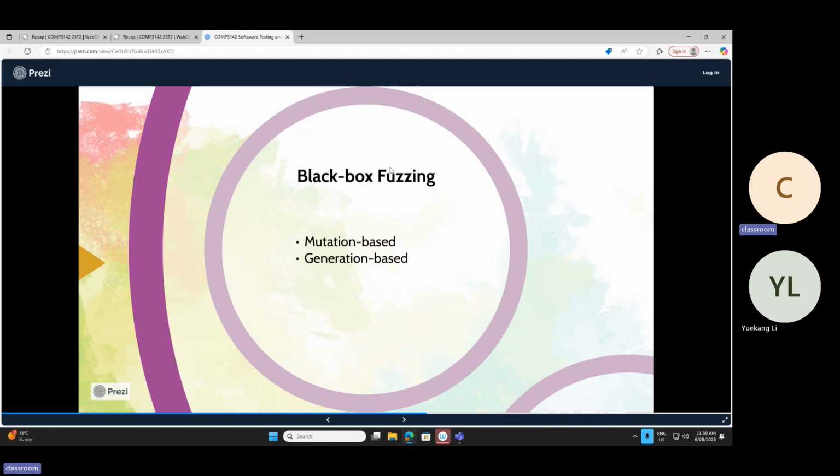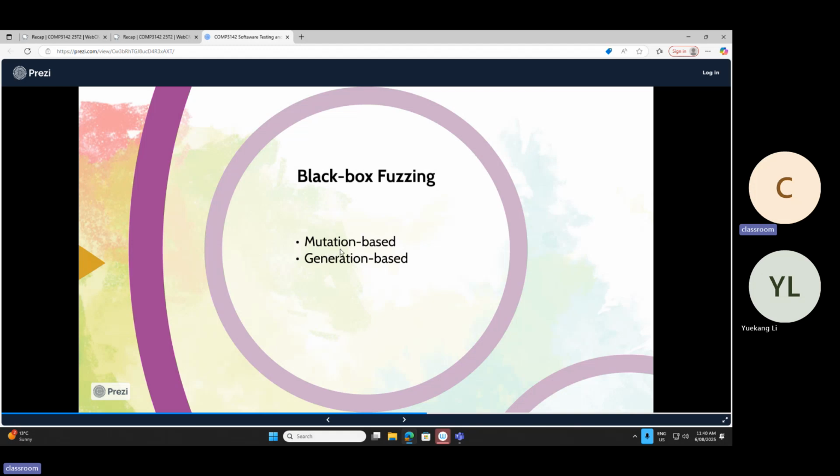What is described by these two terms here? Are we describing the creation of test cases, or are we talking about the execution of the program or some other things? So these two terms are actually used to describe how we generate test cases.